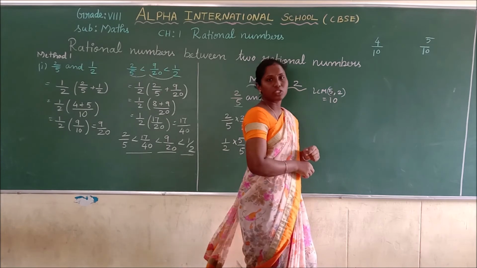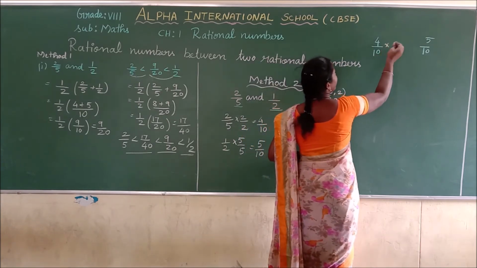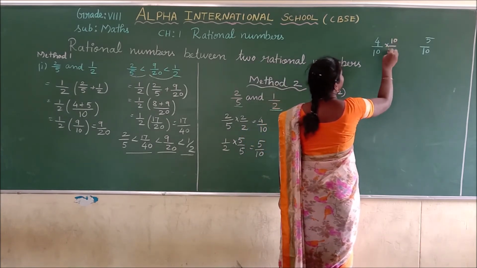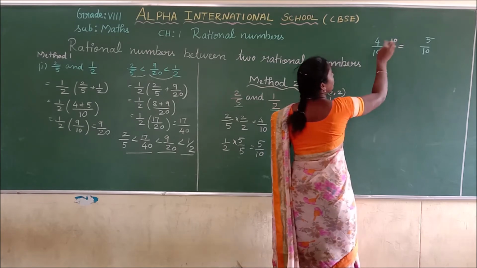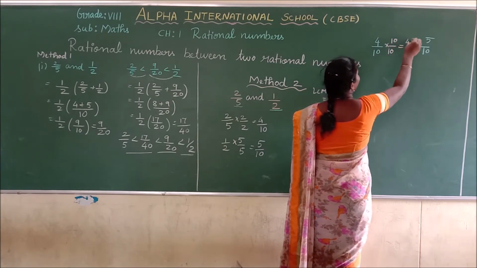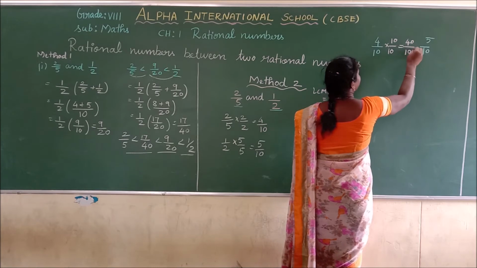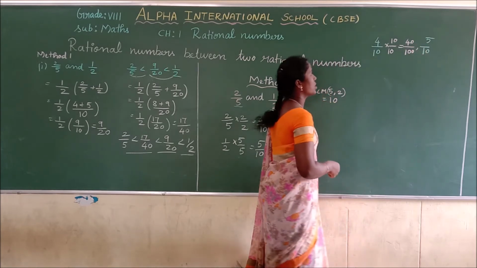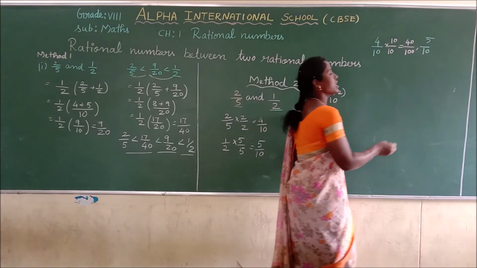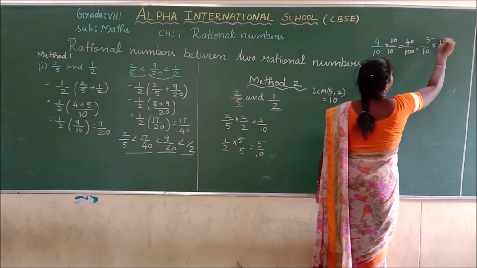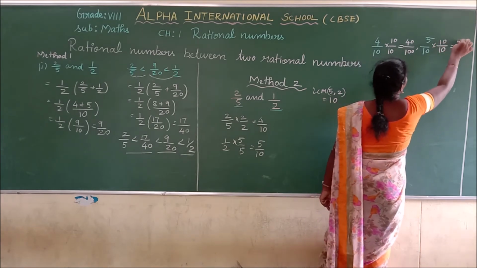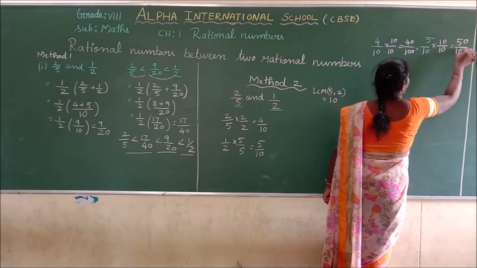I am taking the number 10. 10 by 10 times 4 by 10 is 40 by 100. Likewise, for the second number 5 by 10, the same number is multiplied, 10 by 10, which gives 50 by 100.